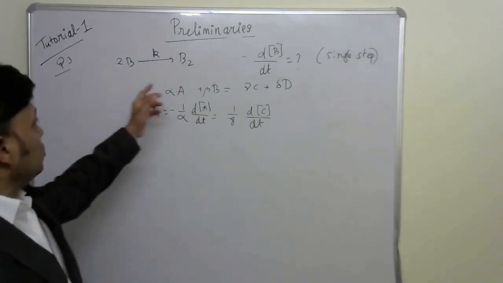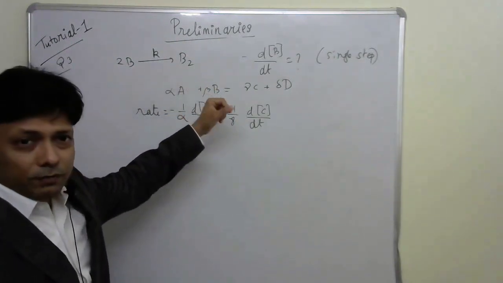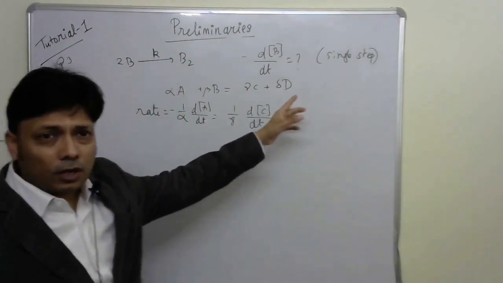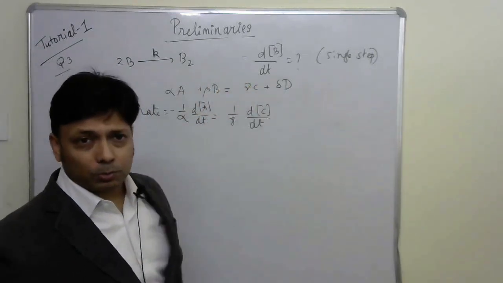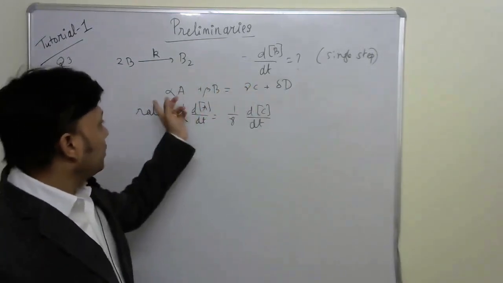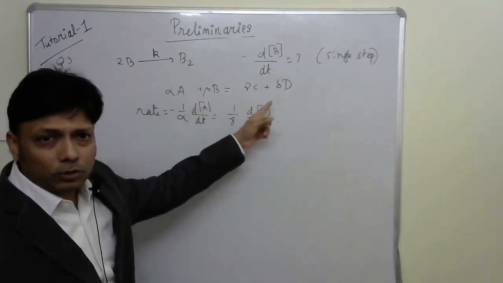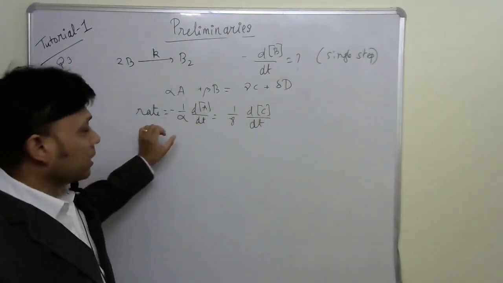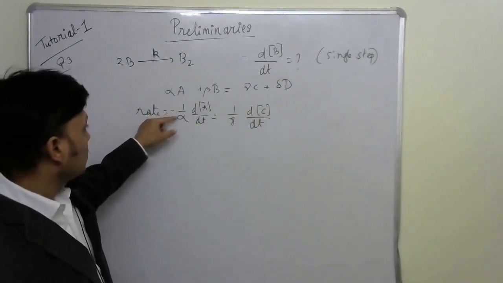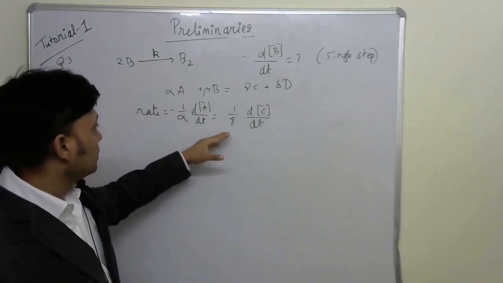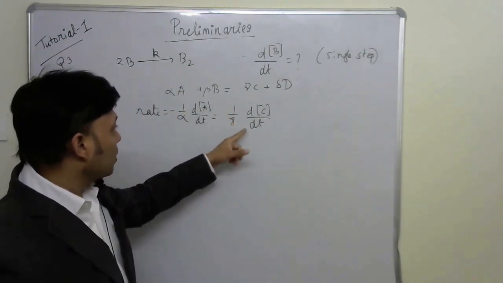So this reaction was given, and this is a single step reaction, and you are supposed to find minus dB/dt. At the beginning I discussed that for a stoichiometric reaction like this, rate is expressed as minus 1 over alpha dA/dt equal to plus 1 over gamma dC/dt.